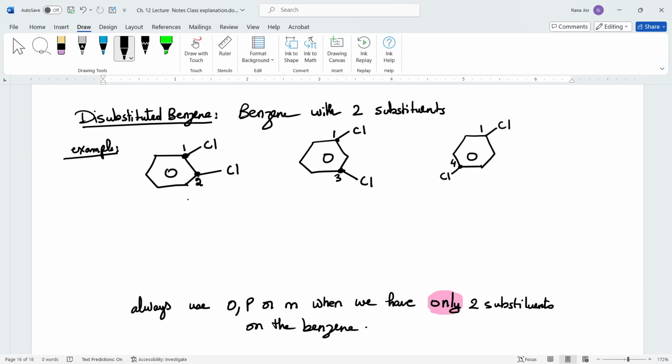If the substituents are on carbons 1 and 2, then I'm going to call the system ortho. If the substituents are on carbons 1 and 3, then I'm going to call that system meta. And if the substituents are on carbons 1 and 4, I'm going to call the system para.